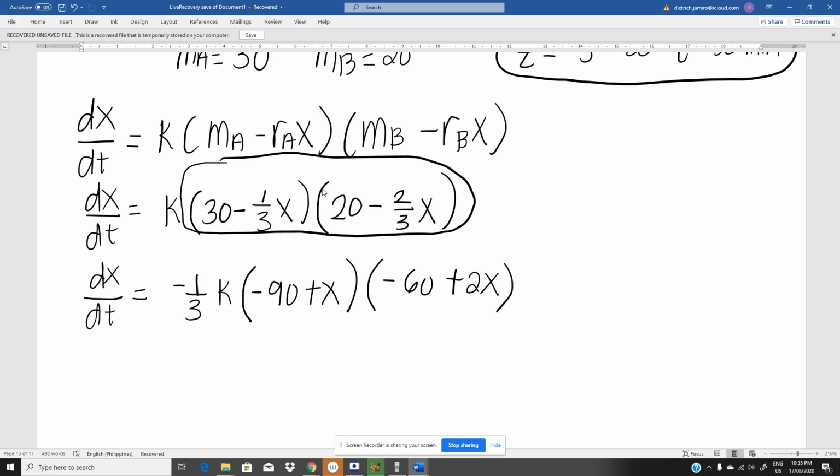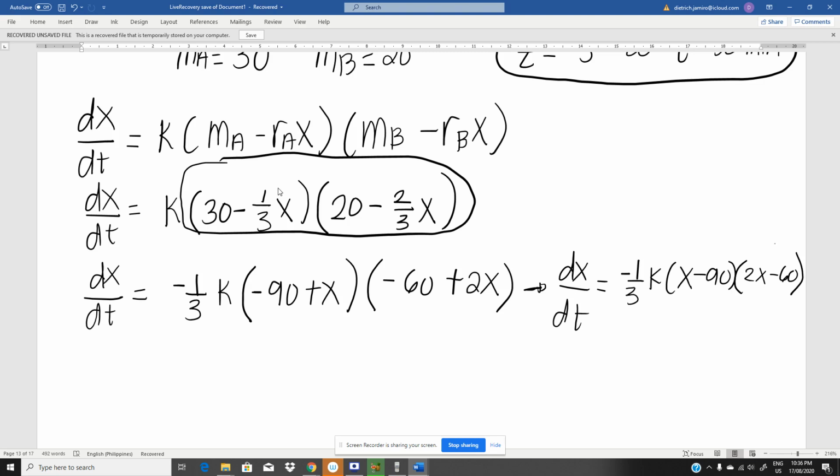Then, dx over dt is equal to negative 1/3 k multiplied by (x minus 90), and then (2x minus 60).